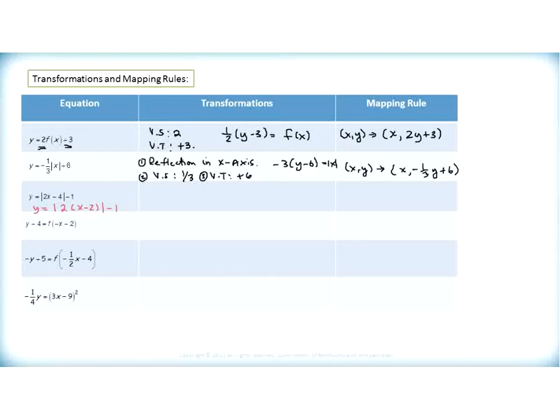With the 2, you have to rewrite this function. The 2x subtract 4 is to be rewritten with a set of brackets. Very important that you do that. So I rewrite this as 2 outside of x subtract 2, subtract 1.